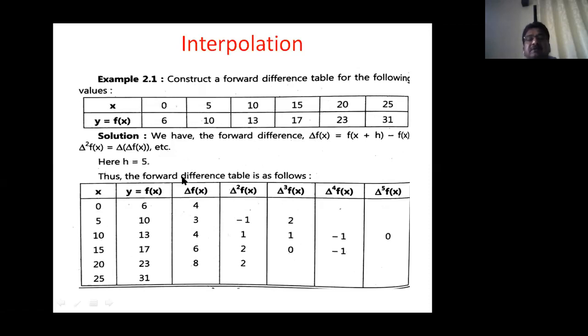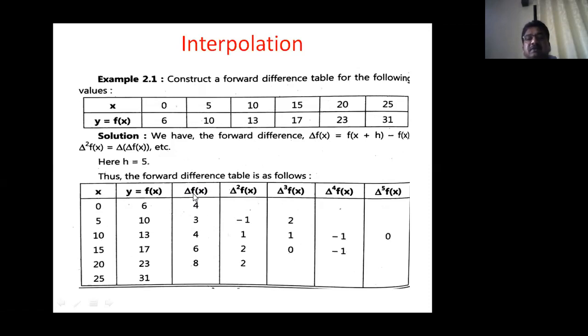If we have to construct the backward difference table, then instead of delta, write only del. The procedure of obtaining the forward difference table and the backward difference table is the same.